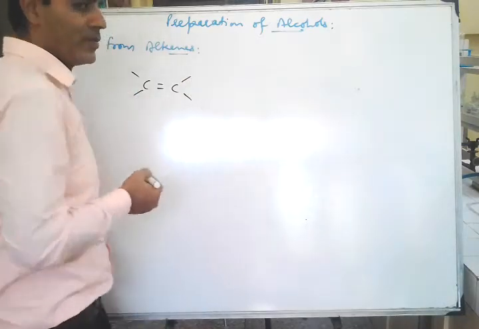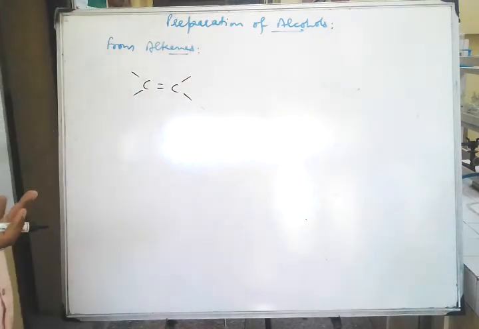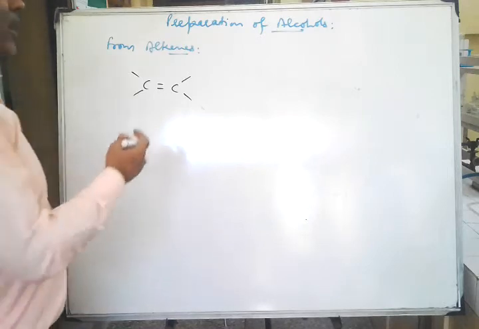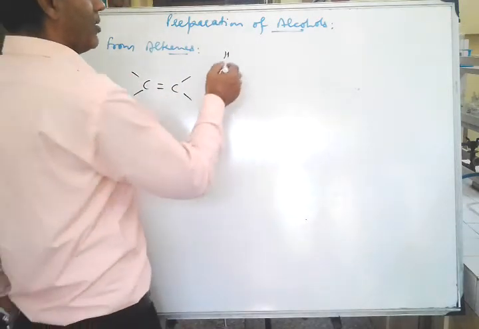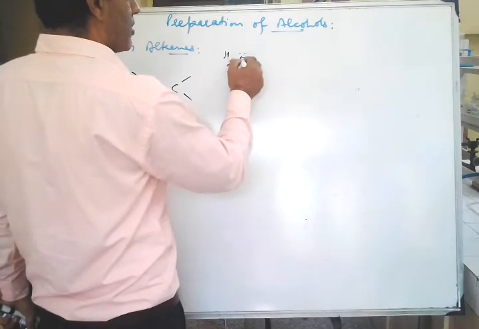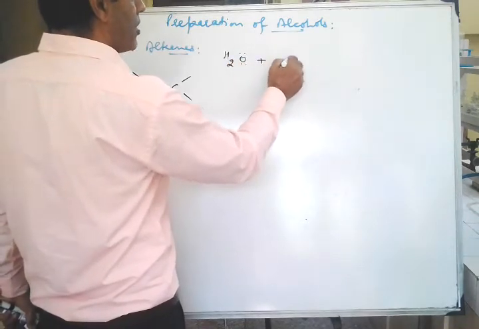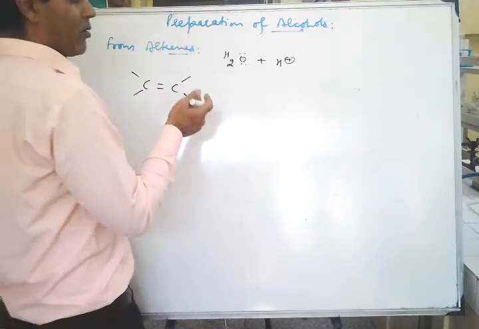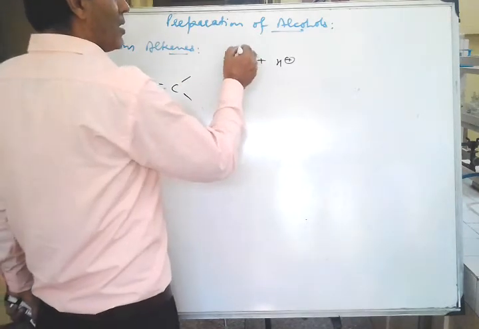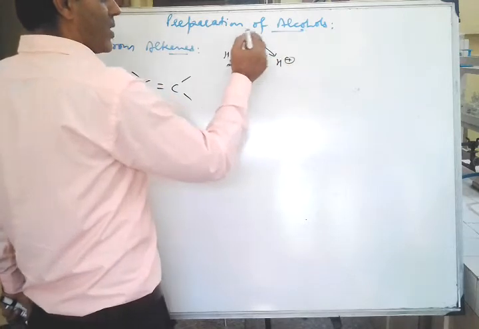Now next you have to add a water molecule, and before we add the water molecule we know that we have added a catalyst, so we have to use the catalyst also. We know that on oxygen there are two lone pairs of electrons, and electrons carry negative charge, so these electrons attract this H plus ion.